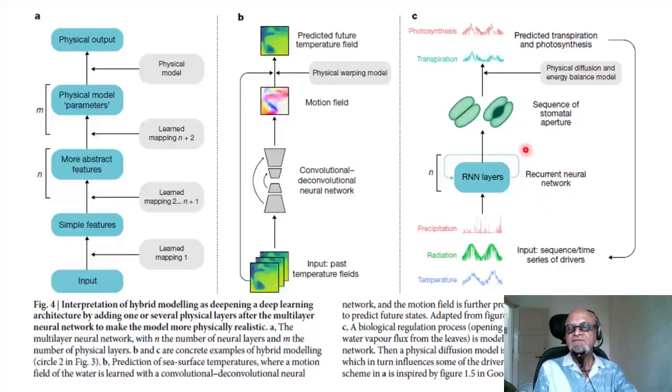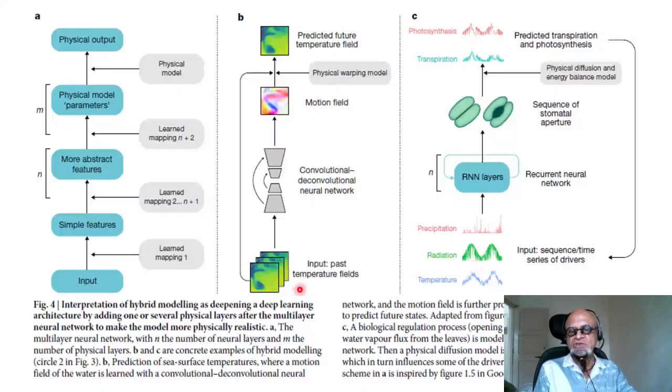So it kind of iterates over these n recurrent neural net layers, and then produces a sequence of stomatal aperture, and then physical diffusion and energy balance model takes it and produces transpiration. So you have this kind of a loop here, and basically you are again taking the combination of data here.